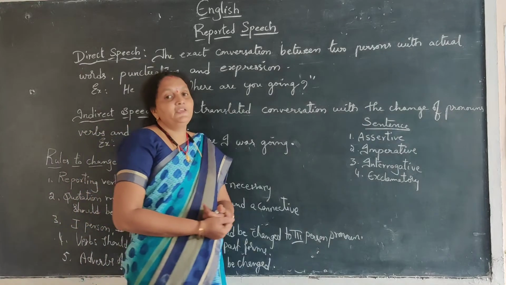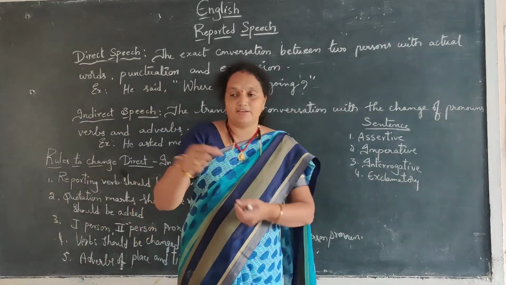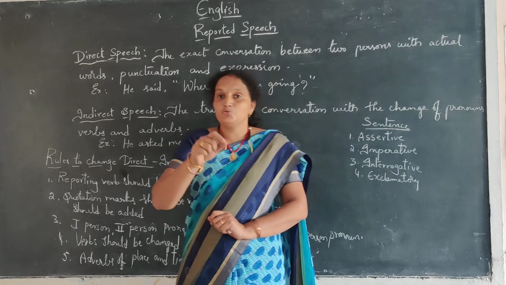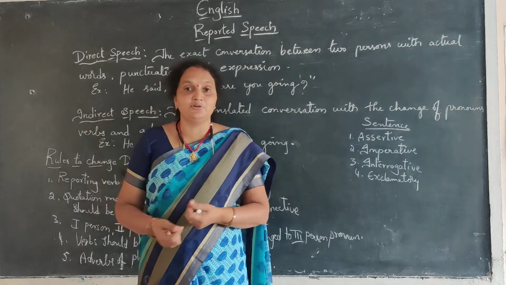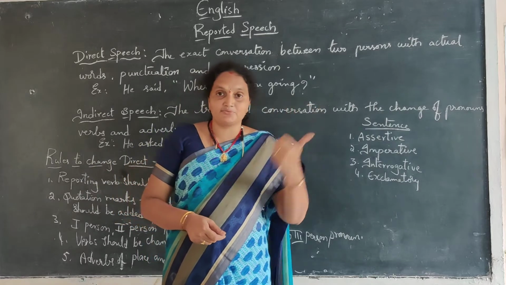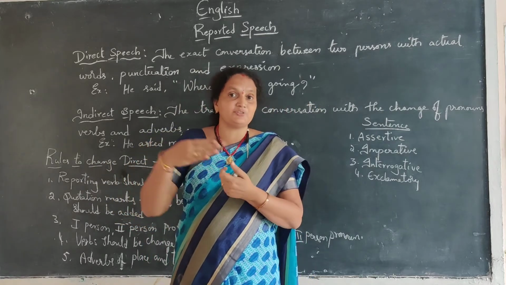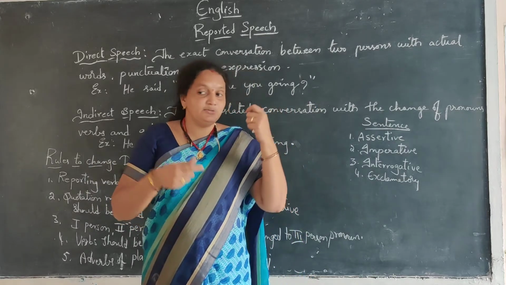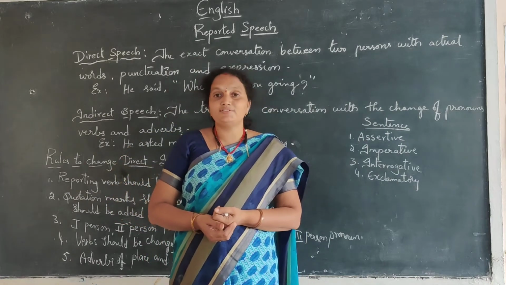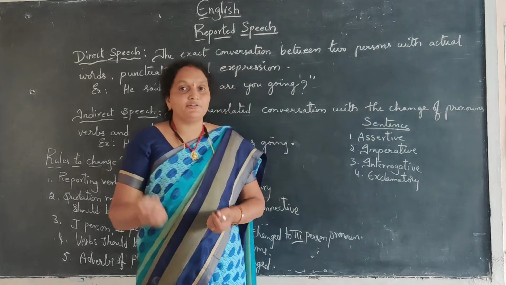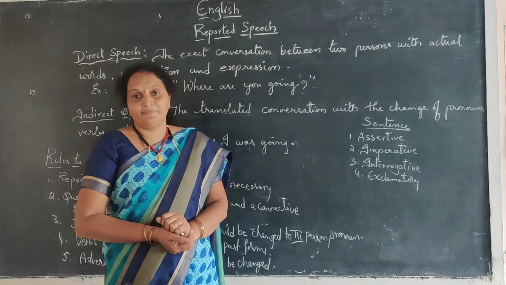For example, whatever you speak with your friend in the class, after going home you will say what happened in the school. Some incident happened in your class, and you go and tell your mother or father or your brother or sister.